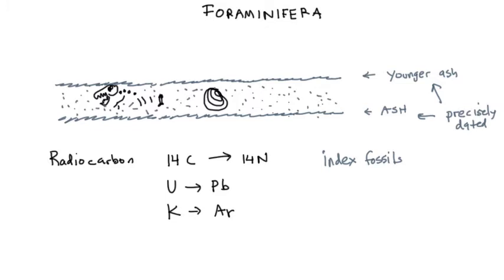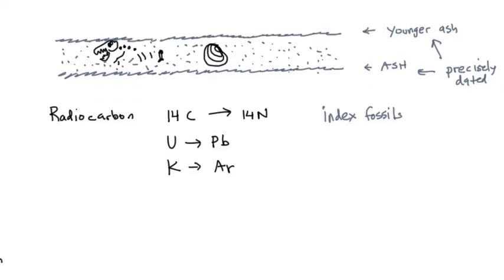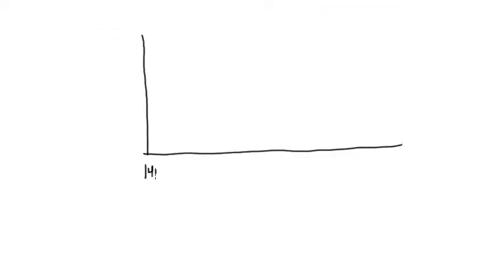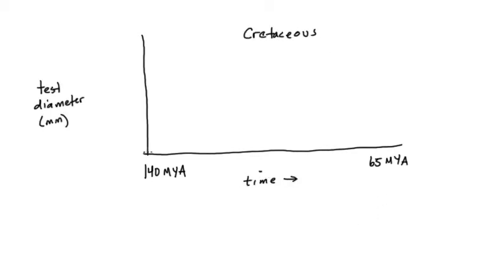So, if I tell you now that we know a great deal about fossil foraminifera with descriptions of hundreds of species, including when they existed and how big they were, you'll say, oh yeah, that makes a lot of sense. And if you're expecting to see Cope's rule being supported by these data, you might plot out the size of the tests, shells that is, against time, and you see a pattern like this.